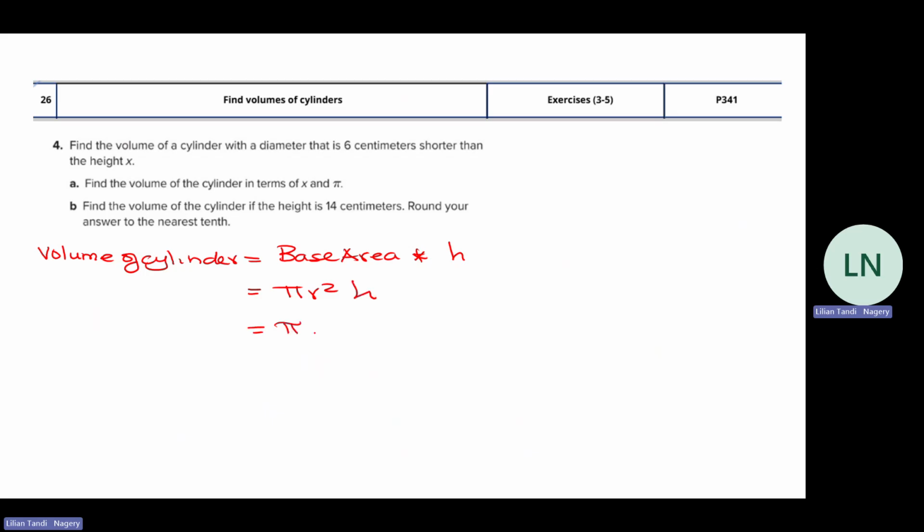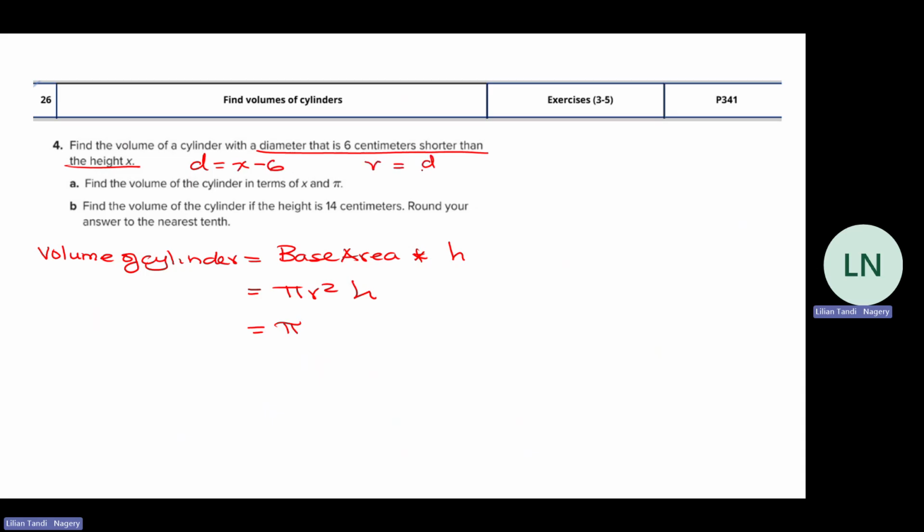So you have pi, our radius. What have we been told? The volume of a cylinder with a diameter of 6 centimeters shorter than the height. So diameter is x minus 6. I want radius.